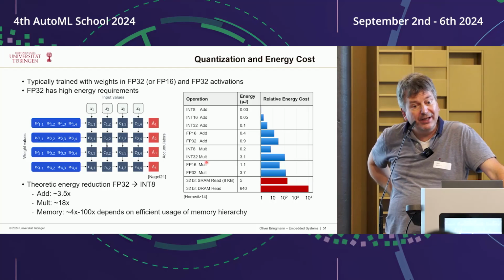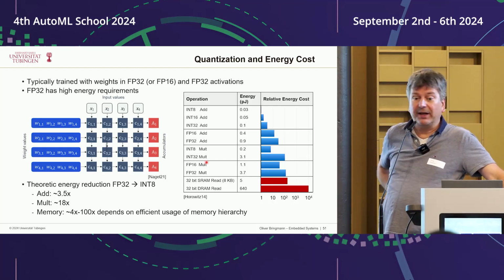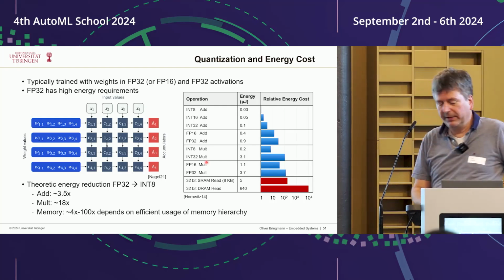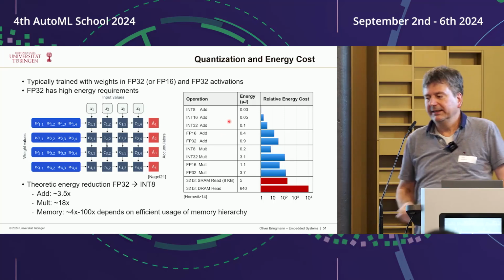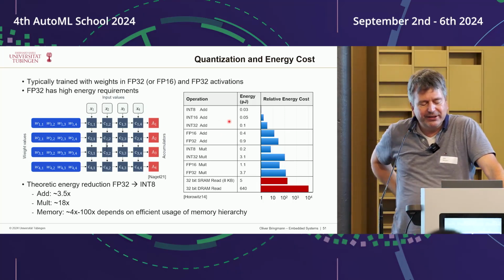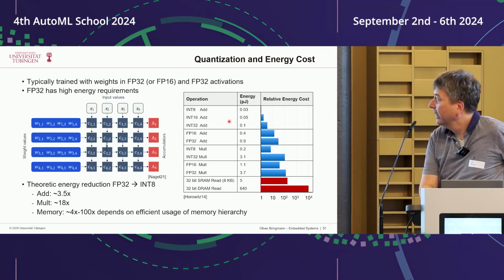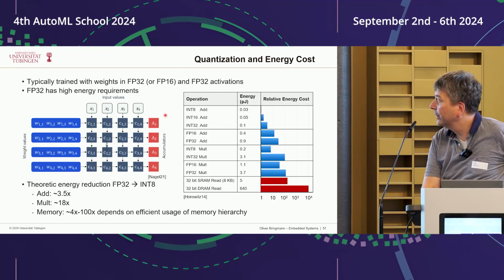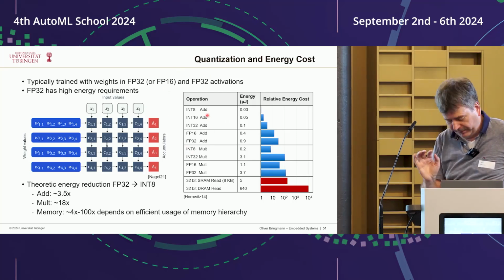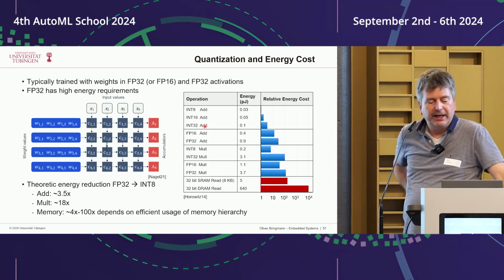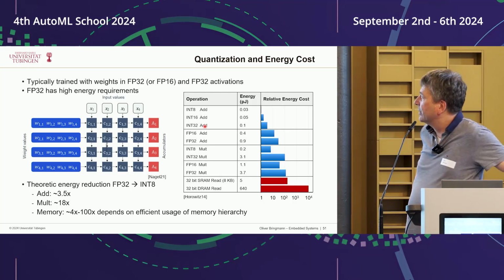The next aspect is quantization. Quantization is also very related to energy costs. And that's shown here on the right hand side: the energy cost of operation with respect to different data types. Here on the top we have integer add operations in 8 bits, 16-bit and 32-bit.